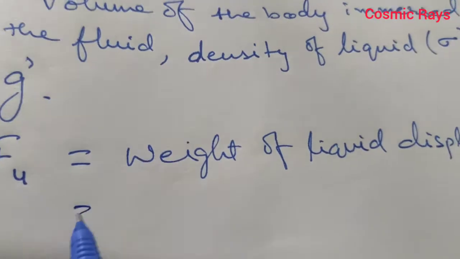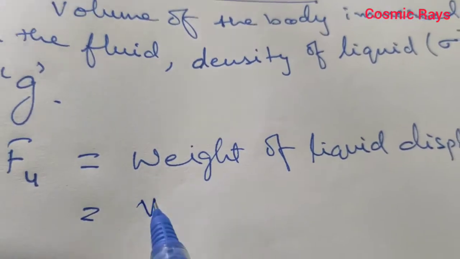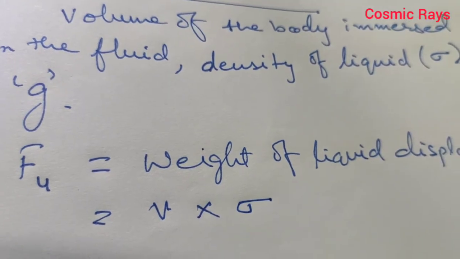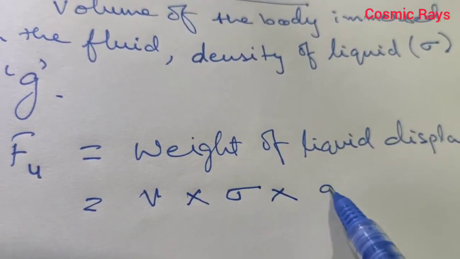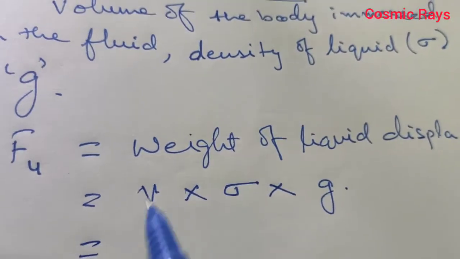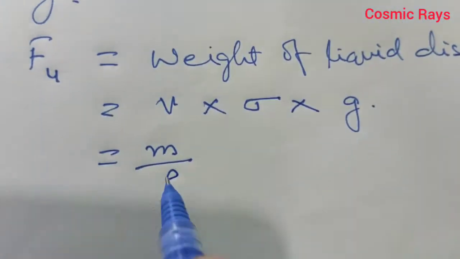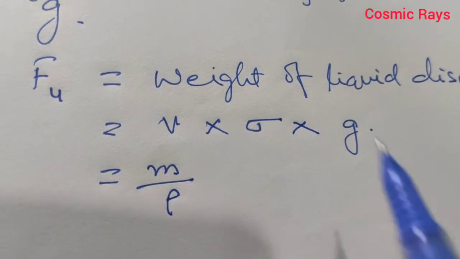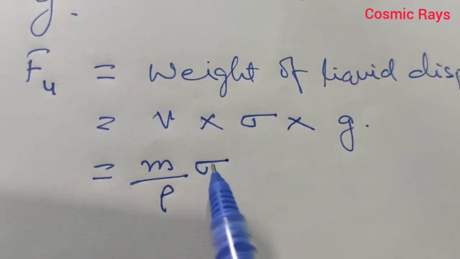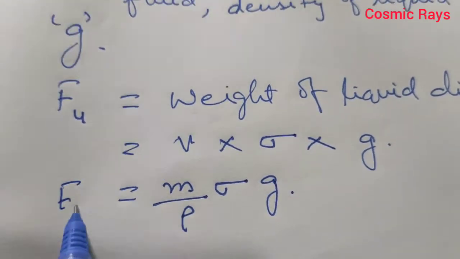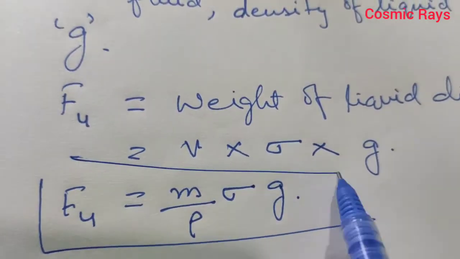So that is equal to the volume multiplied by the density of the liquid, that is sigma, multiplied by the acceleration due to gravity. Volume is nothing but mass upon the density of the substance, multiplied by the density of the liquid multiplied by the acceleration due to gravity. So this is the upward or buoyant force.